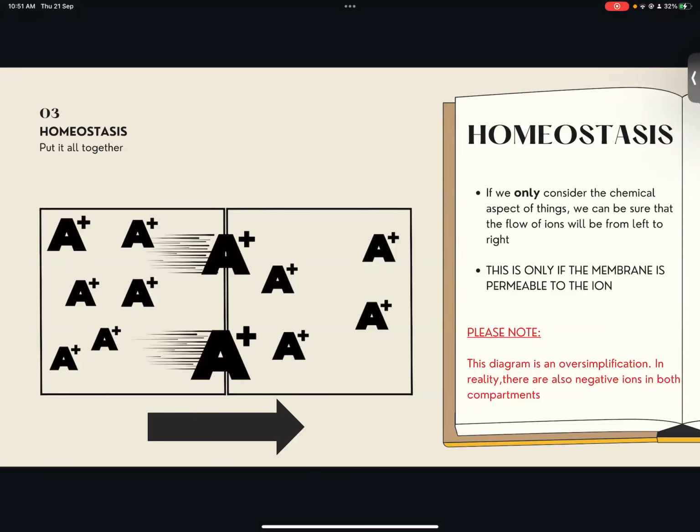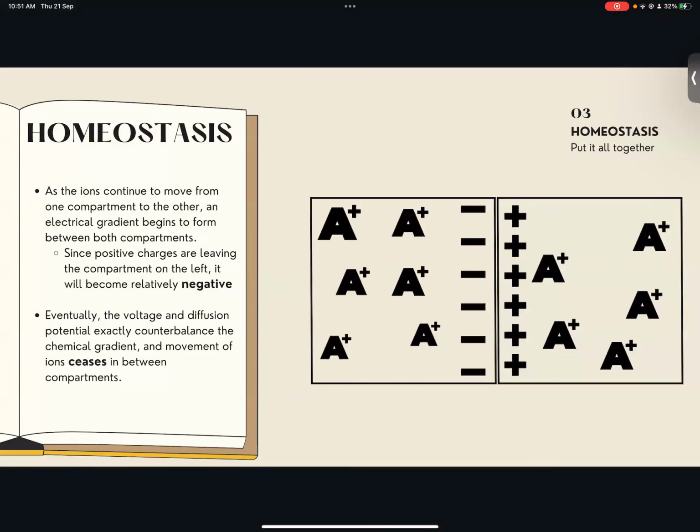Obviously, this is going to happen, and that's what the chemical aspect is. Now is when we consider the electrical aspect. So bear with me just for a second. We have positively charged ions that left the compartment on the left, and they went to the compartment on the right.